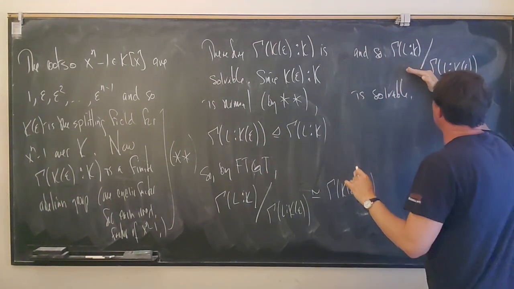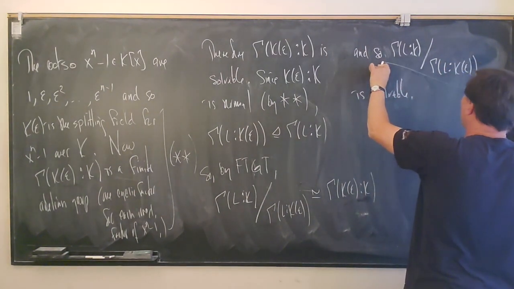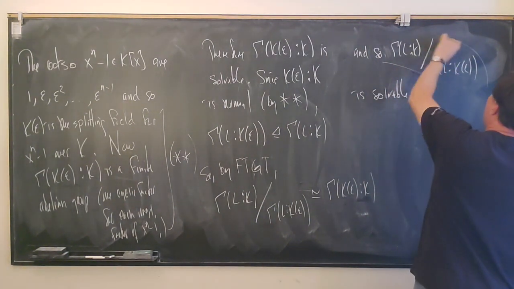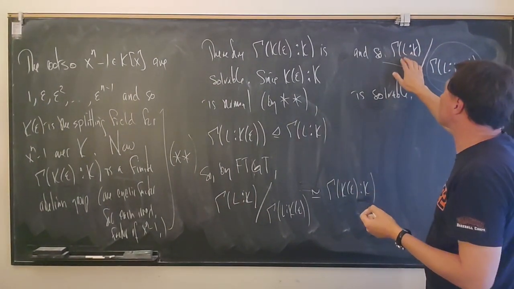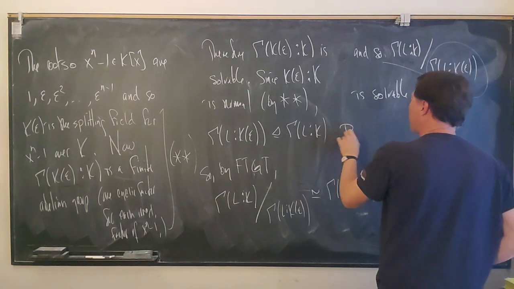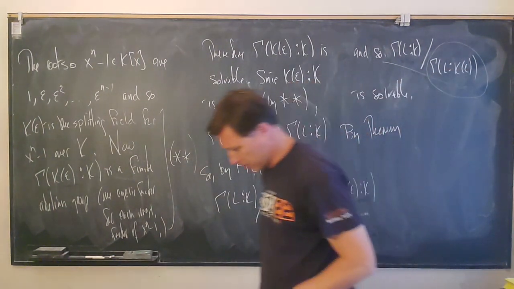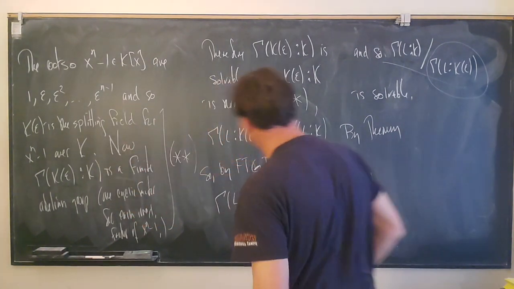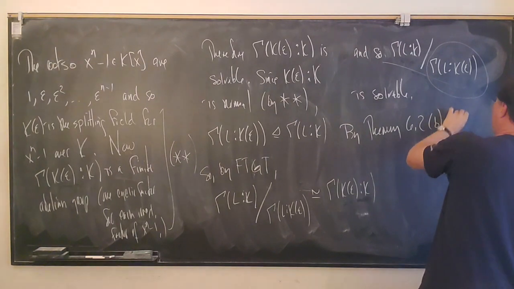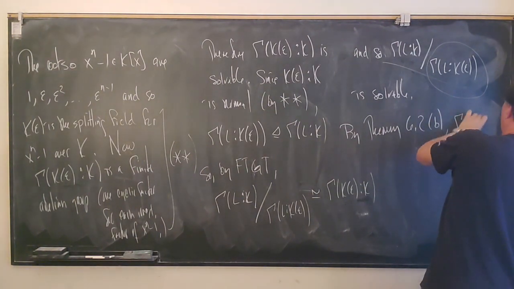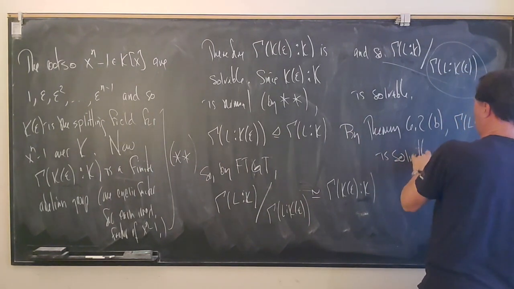The quotient is solvable, and the denominator is solvable, and so we go back to our previous theorem. That tells us that the numerator is solvable. So now, by theorem 6.2b, gamma of L over K is solvable.